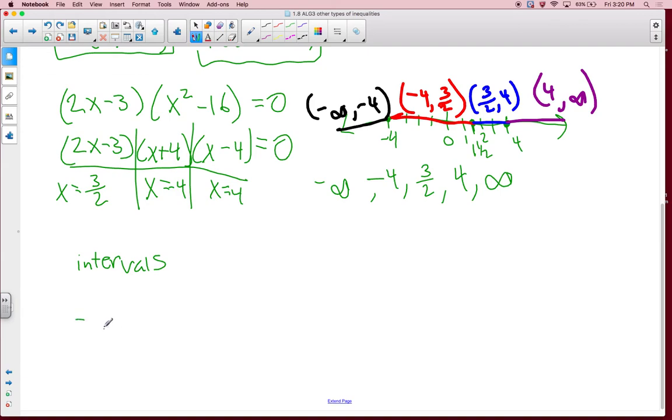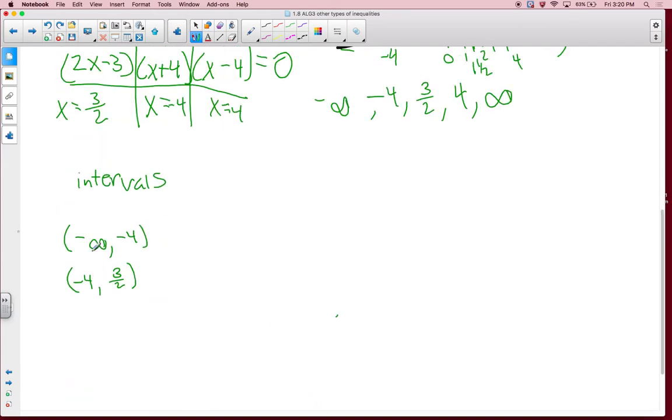From negative infinity to negative 4, from negative 4 to 3 over 2, from 3 over 2 to 4, and our last one, 4 to positive infinity.